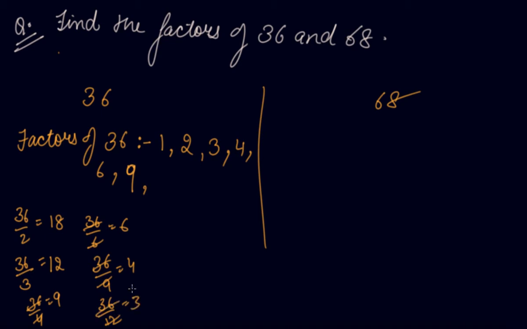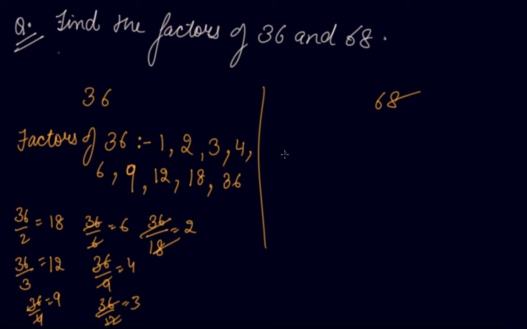Yes, we get 3. So 12 is a factor of 36. Then 13 is not a factor, 14 is not a factor, 15 is not a factor, 16 is also not a factor of 36. 18, 36 divided by 18 we get, yes, 2. So 18 is a factor and the last factor is 36. So in this way you have to find out the factors of 36.